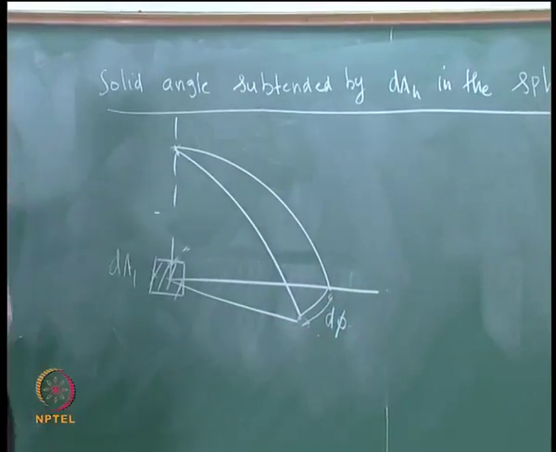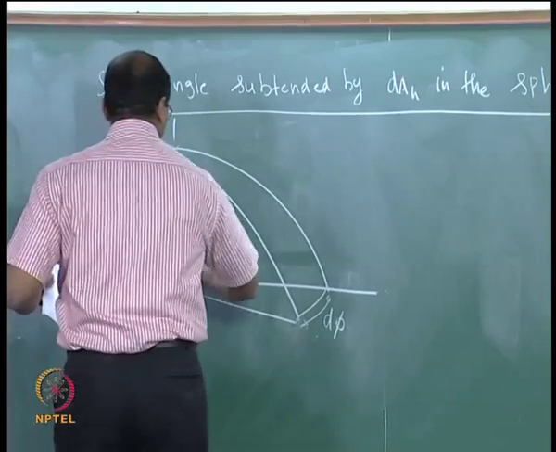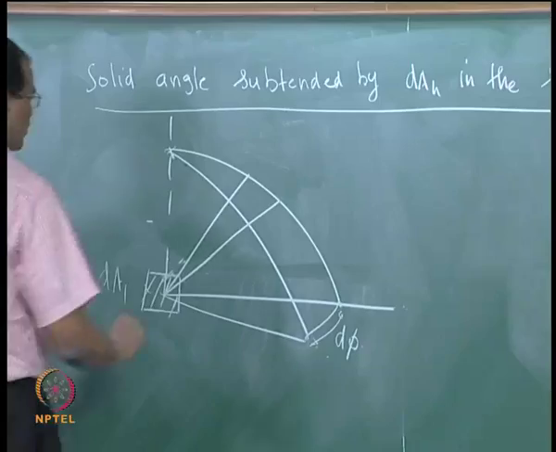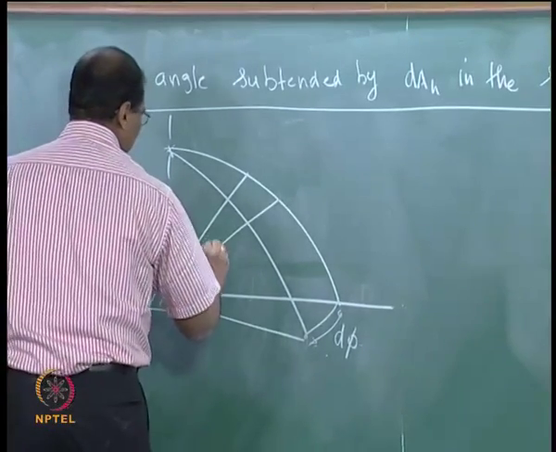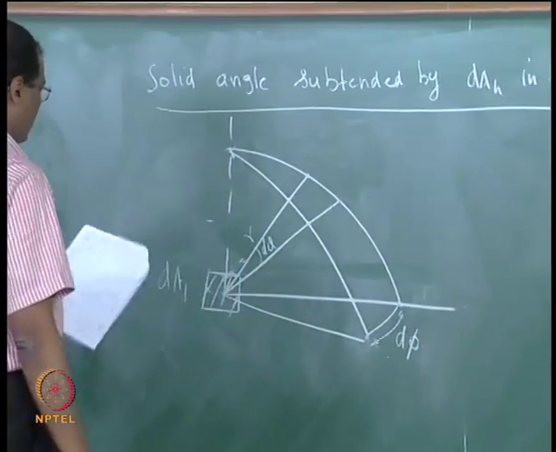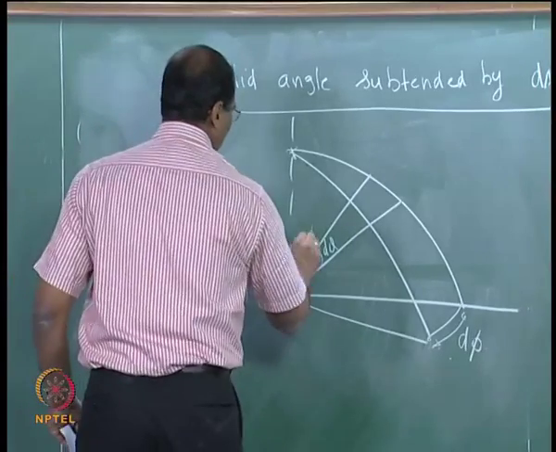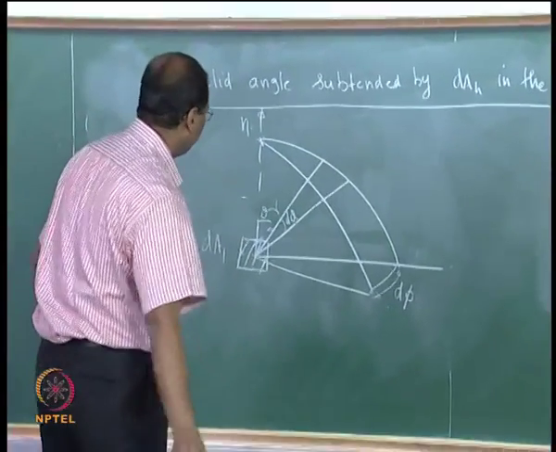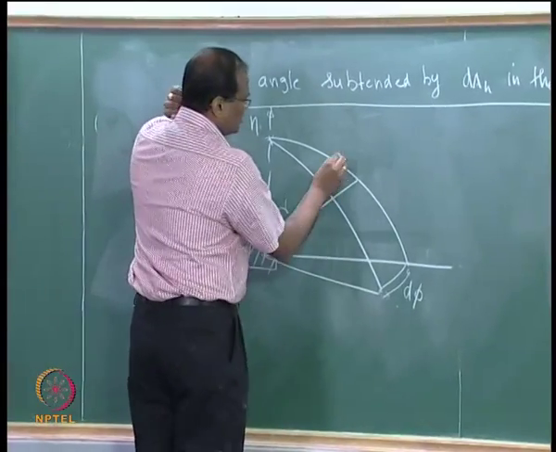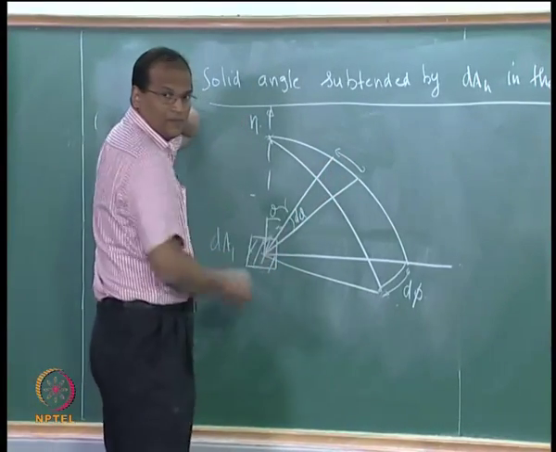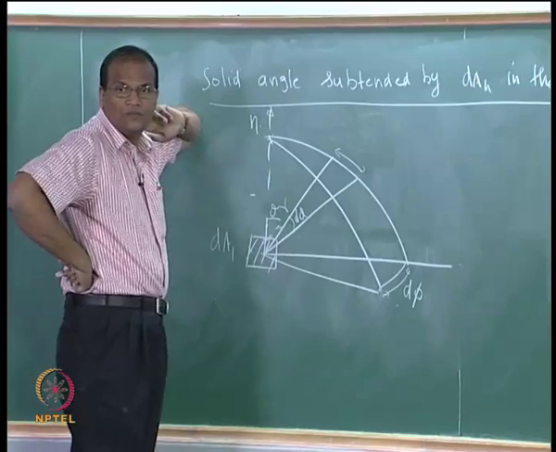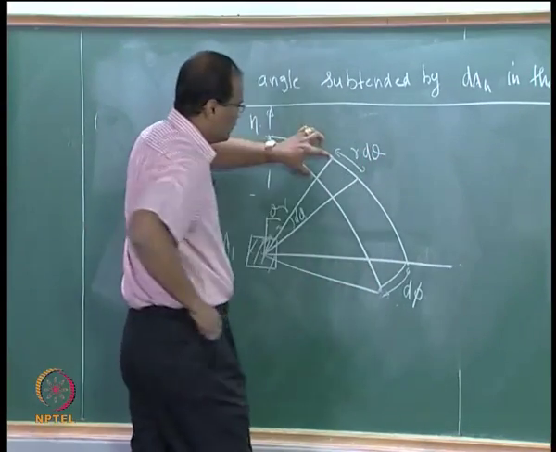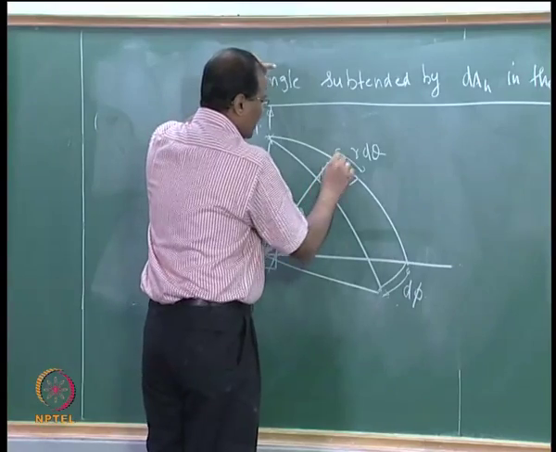So this is d phi, right. This is r, this is d theta, this theta, this is unit vector. Now what is this? R, good, r d theta. What about this fellow? So this is the area under consideration. So this is my dAn, please note.